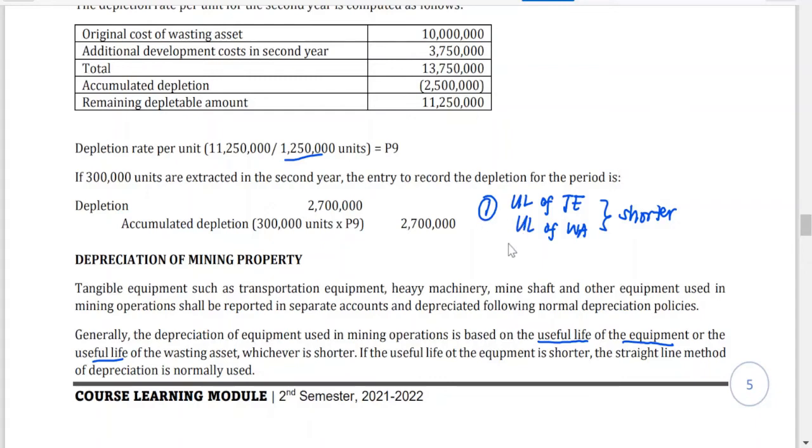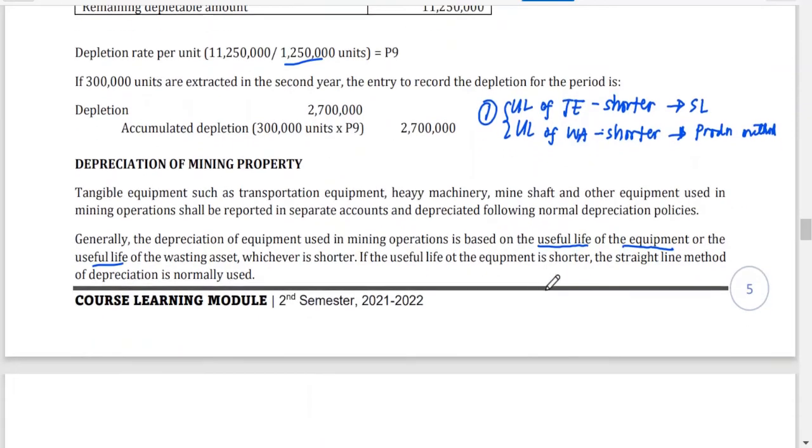If the useful life of the equipment is shorter, okay, then you're going to use straight line method. What if the useful life of the wasting asset is shorter? You're going to use the production method, the same way that you compute the depletion of the wasting asset.